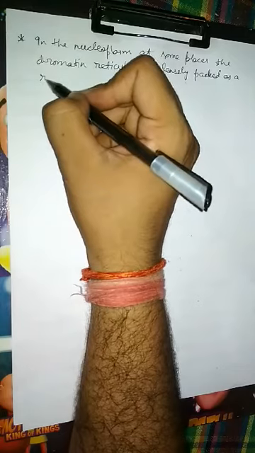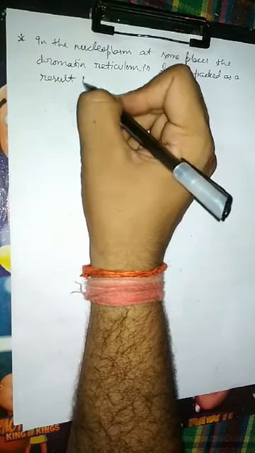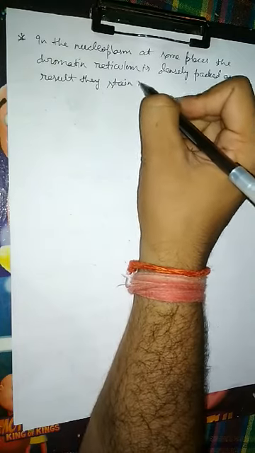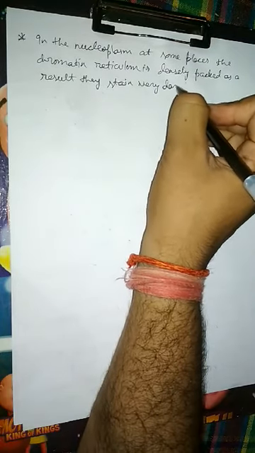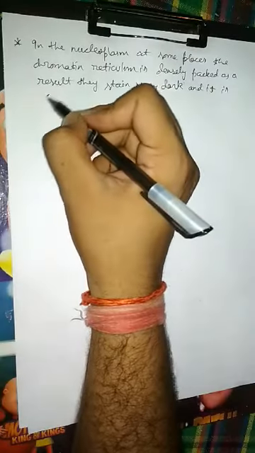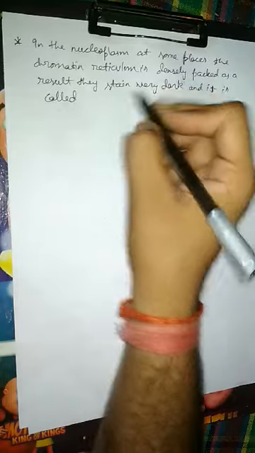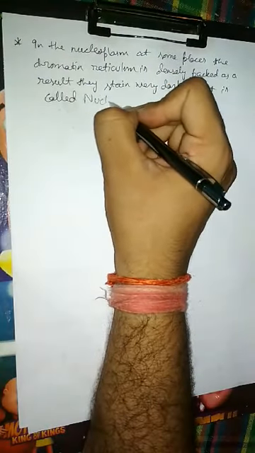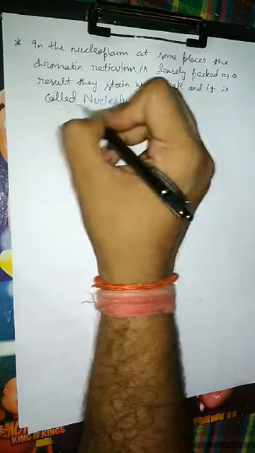As a result, they stain very dark, and that is called what? Nucleolus.